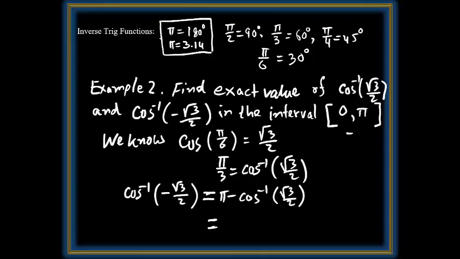Let me explain example number 2. In this we are saying find the exact value of cosine inverse radical 3 over 2 and cosine inverse negative radical 3 over 2 in the interval 0 to pi. If we look at the reference angles, we know cosine pi by 6, which is 30 degrees. So cosine 30 is radical 3 over 2.